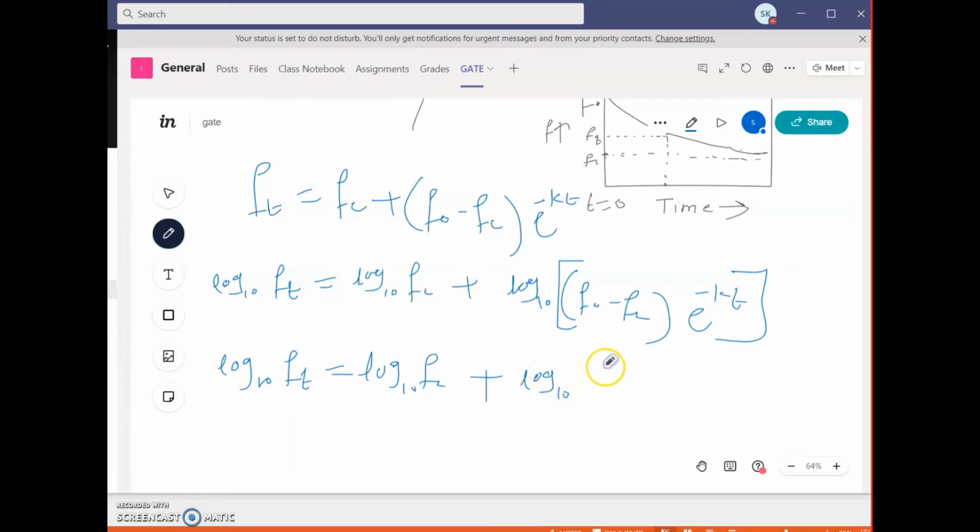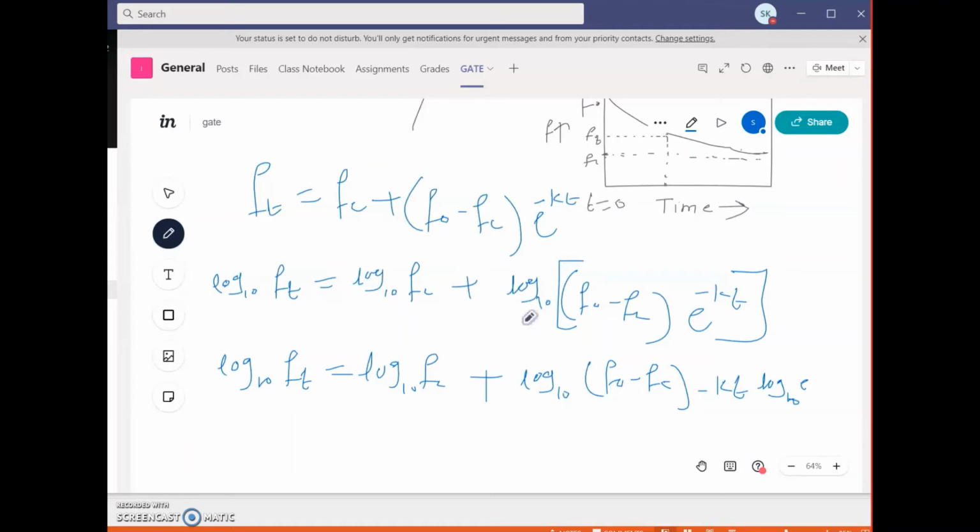We can write (F naught minus Fc), this is Fc, and this e raised to minus kt. So I can mention minus kt, and this would be log e to the base 10. Okay, so we have taken log 10 of this particular F naught minus Fc, and of e raised to minus kt. So we have got this particular equation.